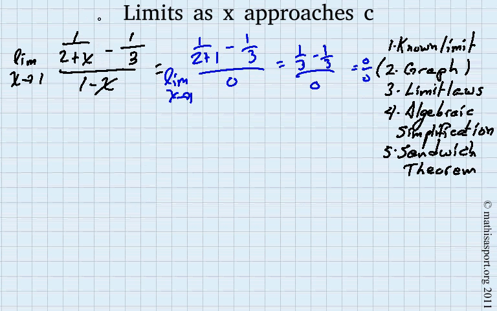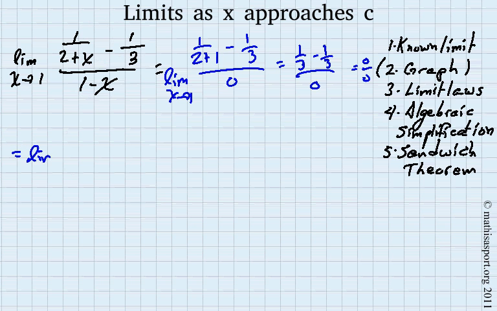Now this one looks fairly challenging because, again, what causes the problem in the denominator is 1 minus x. We'll need to somehow get a factor of 1 minus x up here in the numerator. I guess the starting point is to get a common denominator.